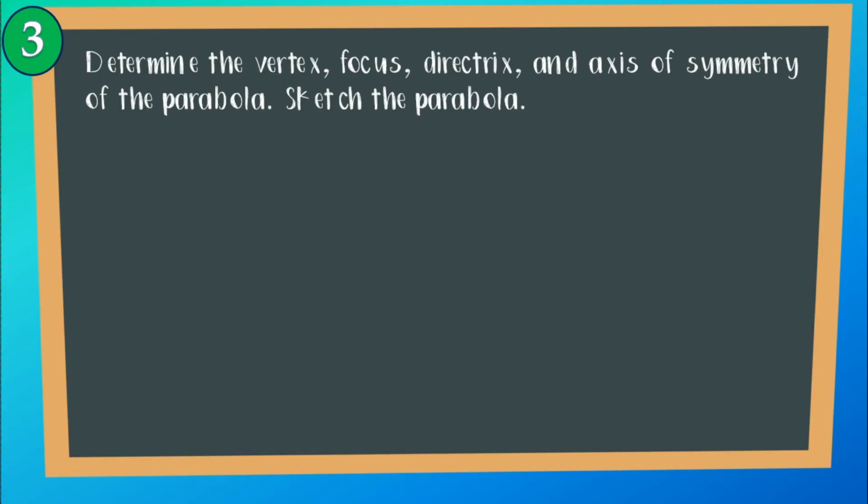Okay, let's continue. Determine the vertex, focus, directrix, and axis of symmetry of the parabolas. And again, sketch the parabola. So let's have 3y squared plus 8x plus 24y plus 40. So gagawin natin dito class. Okay. Let's transform it into standard form.